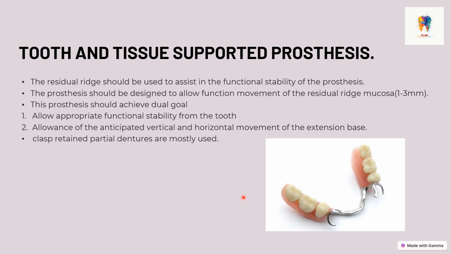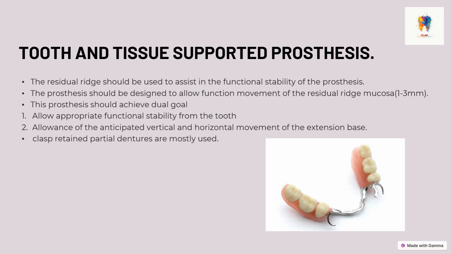Clasp retained partial dentures are mostly used. When partial dentures are made, they have clasps, these tiny little extensions or hook-like things that I explained to you right now. Most of the partial dentures have these clasps and they provide you support, or in simple layman terms, they help you keep the denture in your mouth so that it doesn't move excessively.